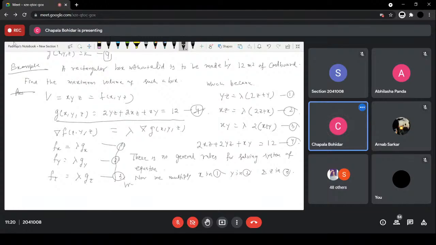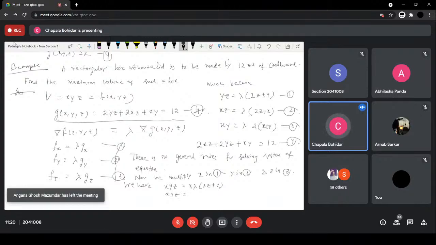We have xyz is equal to x lambda (2z plus y), then xyz is equal to y lambda (2z plus x), then xyz is equal to z lambda (2 into 2x plus 2y).